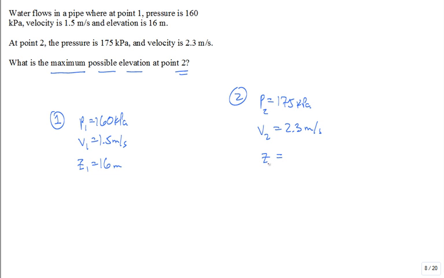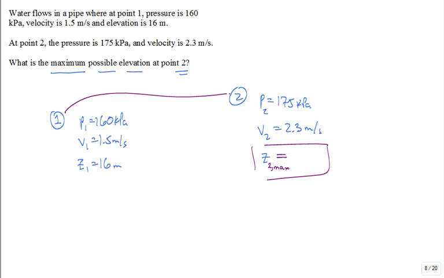So I'm asked to calculate Z2 max. That's what I'm asked to calculate. Well, is it going to be the maximum if I have inviscid flow, negligible frictional losses associated with flow in a pipe? Sure. So basically you apply Bernoulli going from 1 to 2.